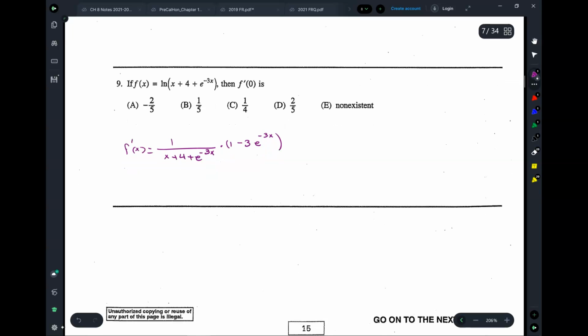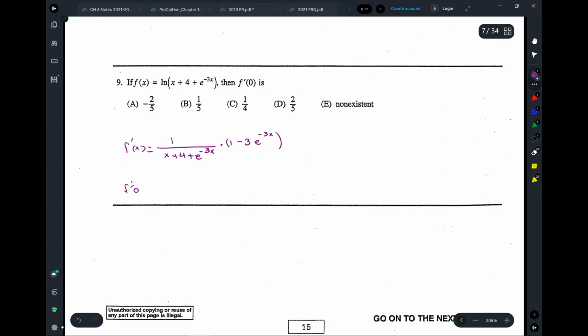So now at 0, 1 over (0 plus 4 plus e to the 0). The derivative of e to the -3x is e to the -3x times -3.